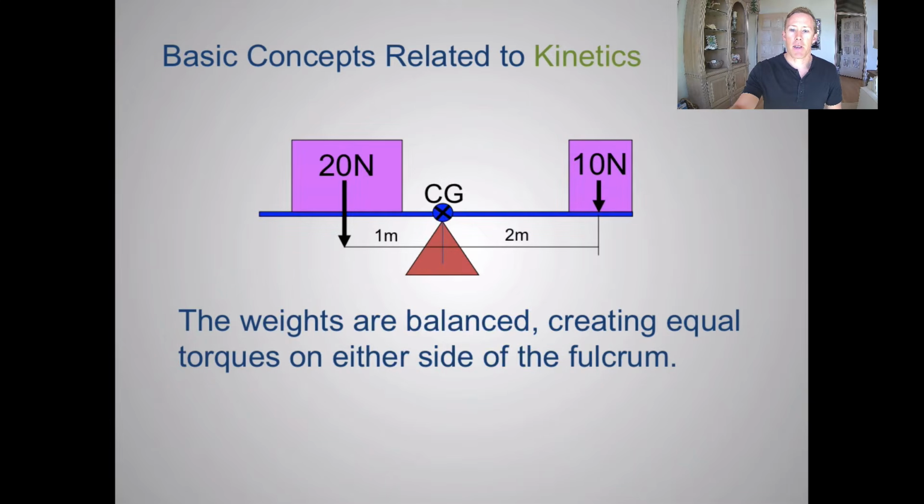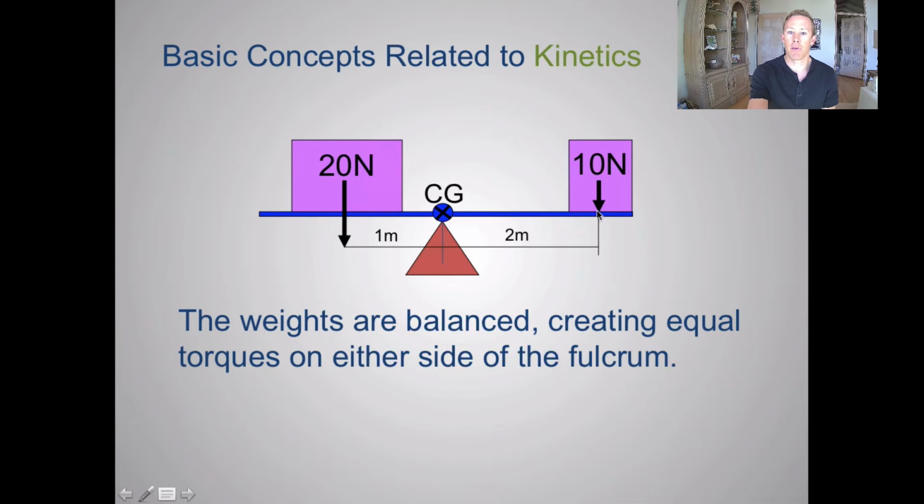And then when you think about torque, just the concept here, again, back to that teeter-totter or seesaw example, we've got two different forces on either side of the axis here, the center of gravity. So you've got the center of gravity in the middle, and then we've got forces on either side.